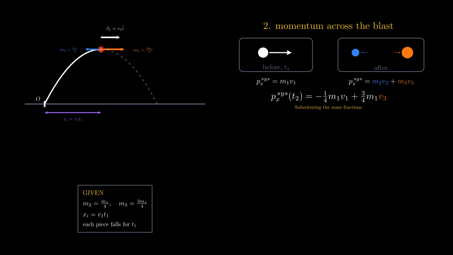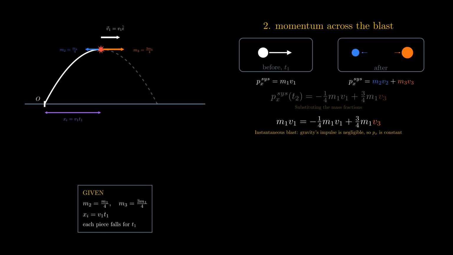Because the explosion is instantaneous, the impulse gravity delivers during it, its force multiplied by a vanishing time interval, is negligible. The momentum of the system is therefore constant across the blast. Along the horizontal direction, m_1 v_1 equals minus 1/4 m_1 v_1 plus 3/4 m_1 v_3.